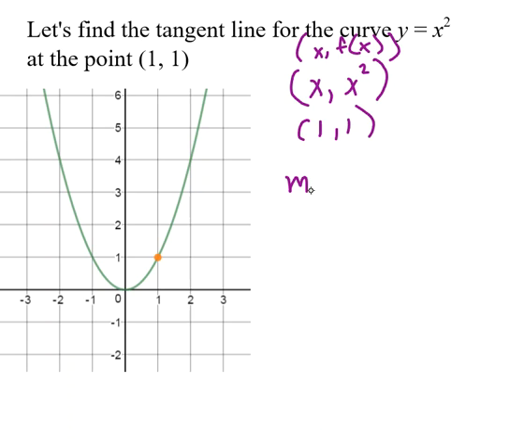Our slope is the change in y over change in x. So this is the slope between some generic point on my graph and (1, 1).